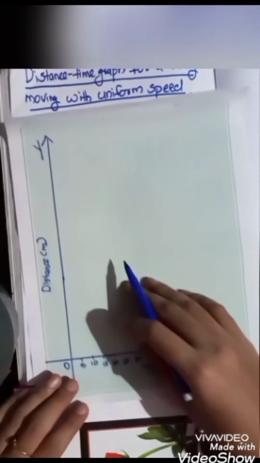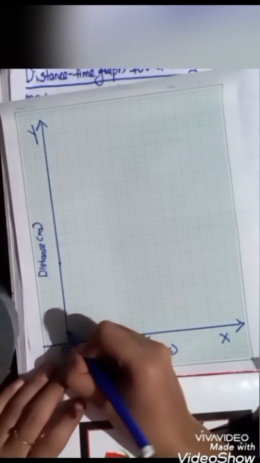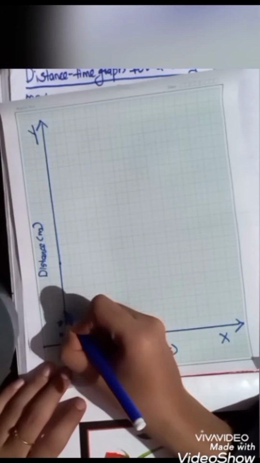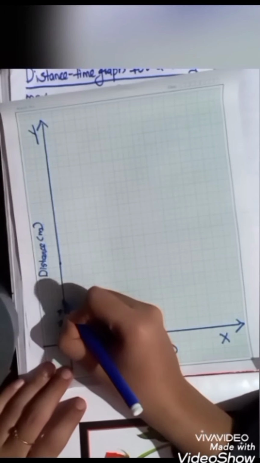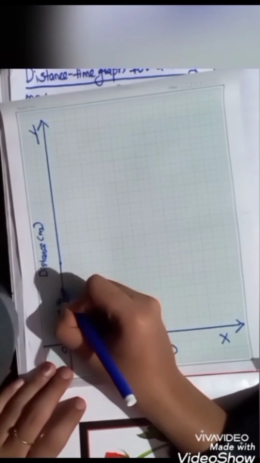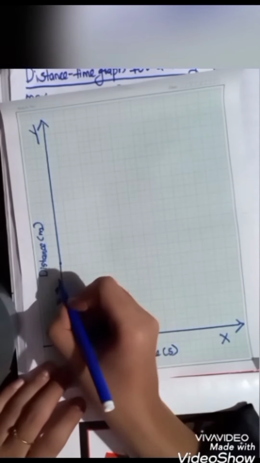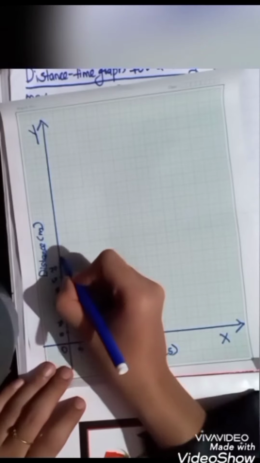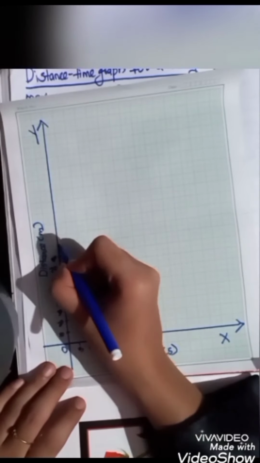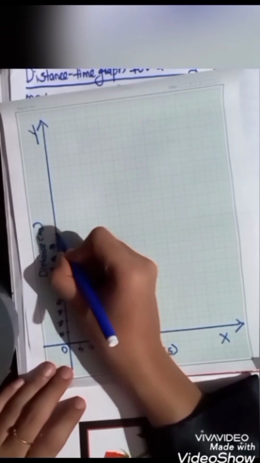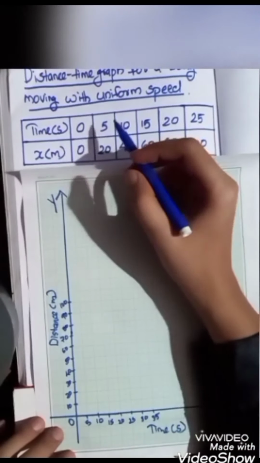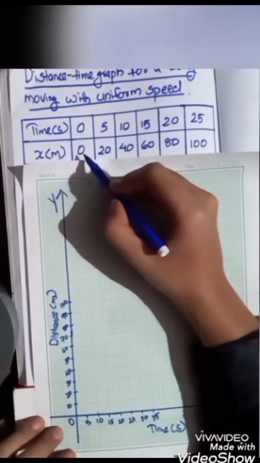Here we can take the distance as 10 meter, 20, 30, 40, 50, 60, 70, 80, 90 and 100. In the first, at 0 it is 0.